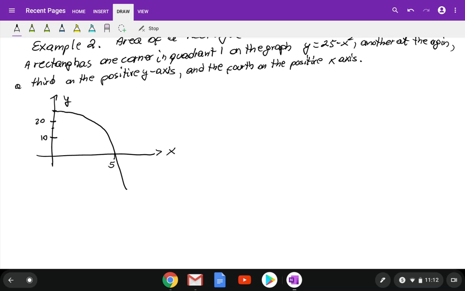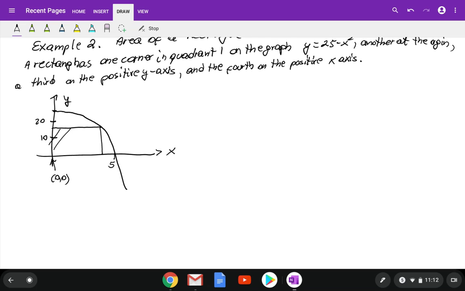Okay, so we have a rectangle like this. Mine is not to scale. This is the origin, 0, 0.